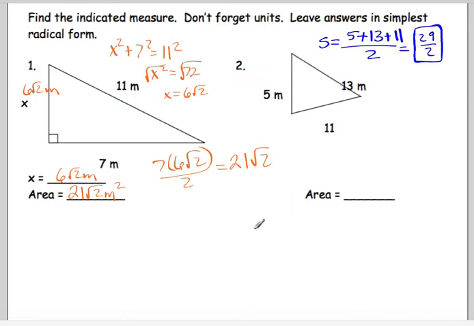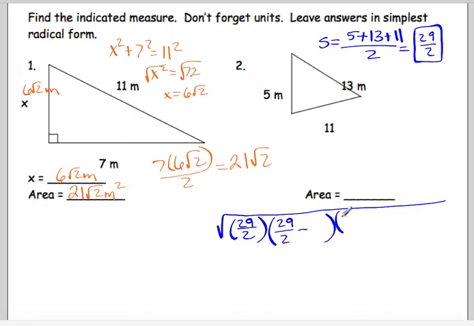So I'm going to move on with Heron's formula, which is the square root of S, which is 29 over 2, times S minus each side. And since I'm having this 29 over 2, I'm going to have each side as something over 2. So right now I'm just going to set up for subtracting each of the 3 sides.